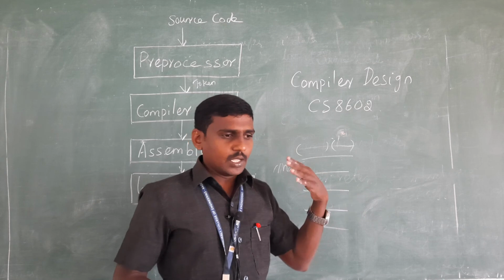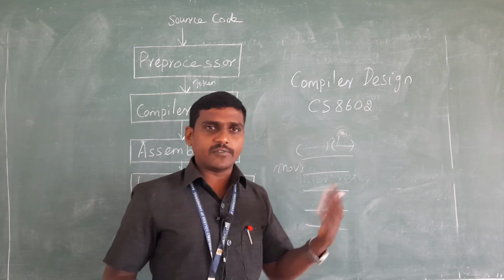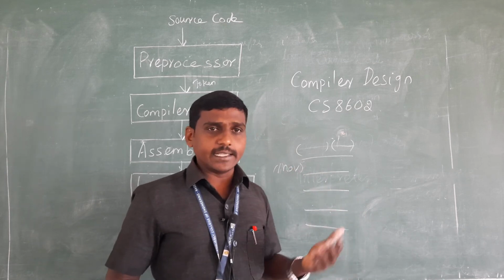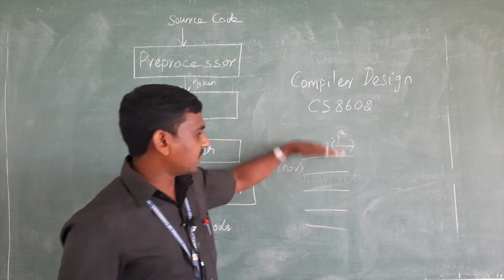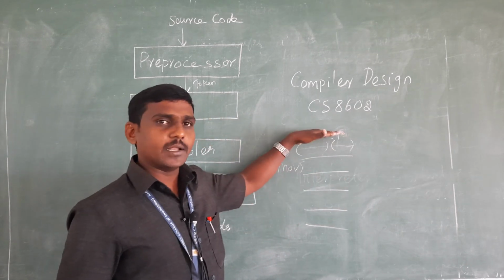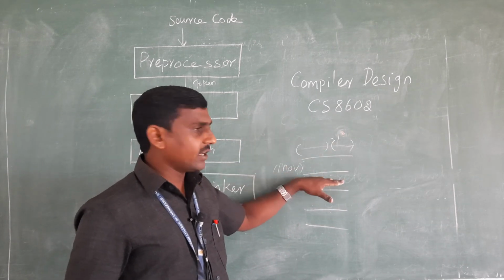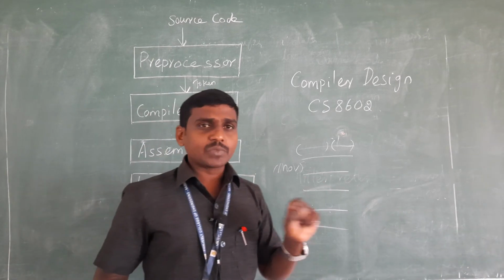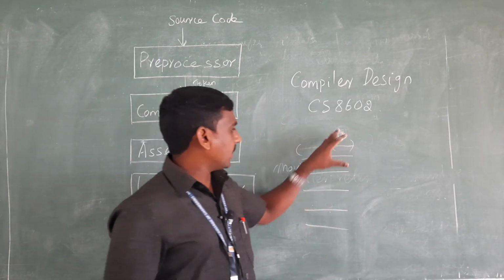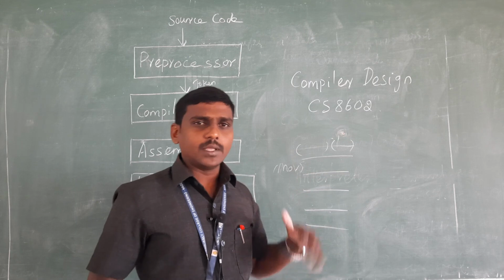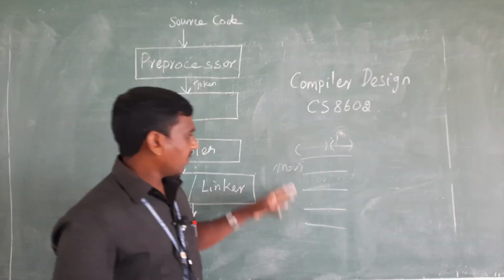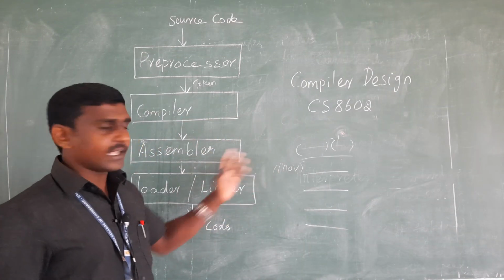If you are going for further studies or writing exams, you should know this difference. The interpreter scans the program line by line, but the compiler scans the entire program and then gives the output. Meanwhile it can check for errors also.